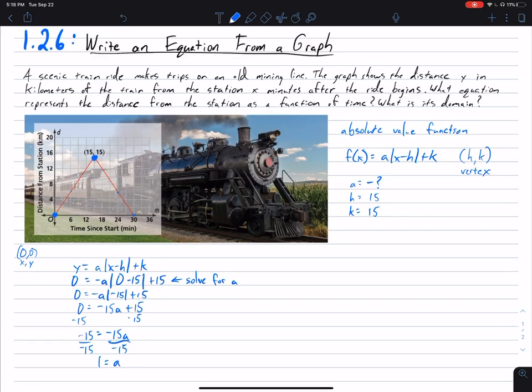Now it's important to note here that a is 1, but I also know it's going to be negative. So here, a itself is equal to 1, but we have a reflection. So we're going to say negative 1 there. So what equation represents the function? Well, f(x) would be equal to negative 1 times |x - 15| plus 15.